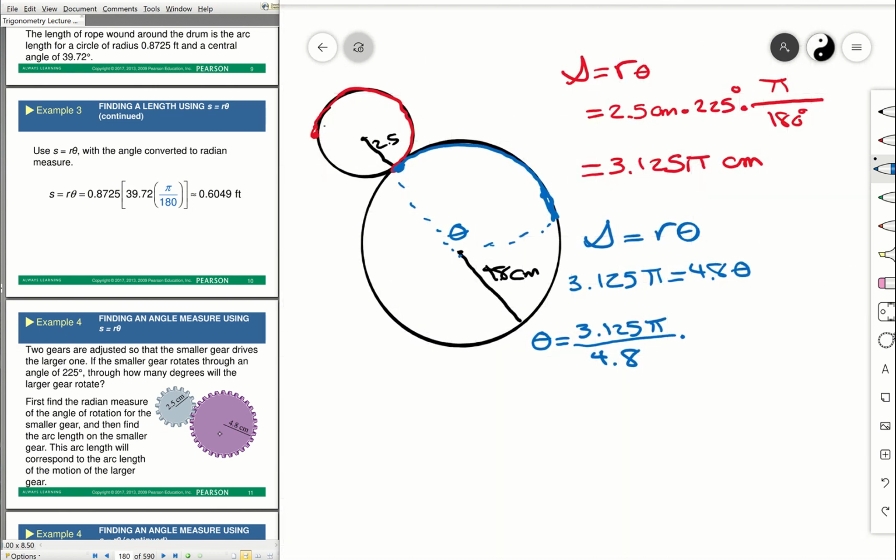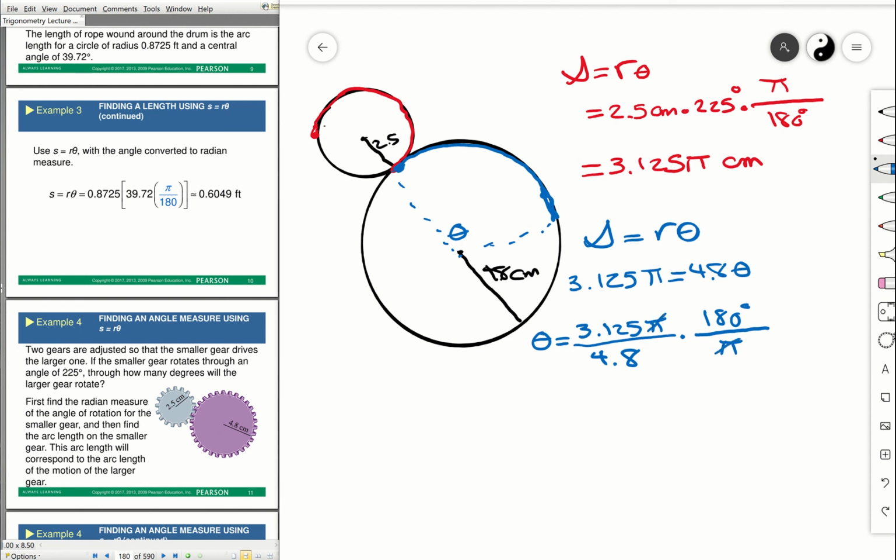And you know that we have to use the reciprocal of the unit factor we've been using so far. This time we want the degrees on the top and we want the pi on the bottom. Now, if you notice here, the pi's are going to cancel out.